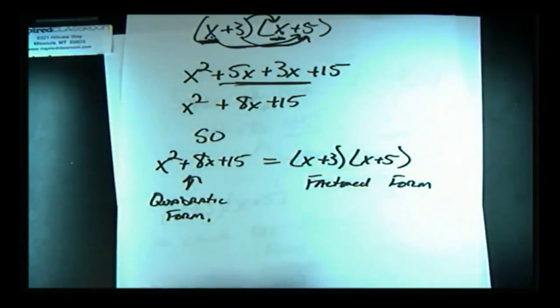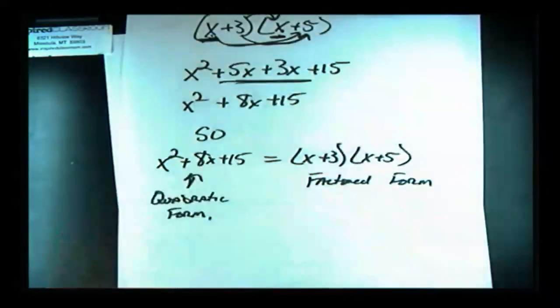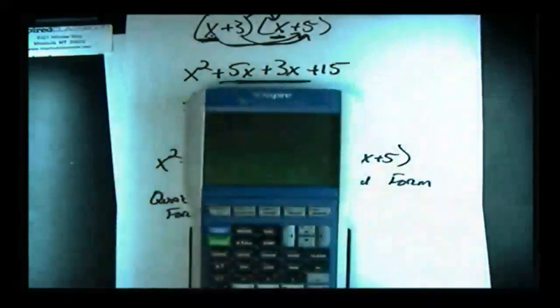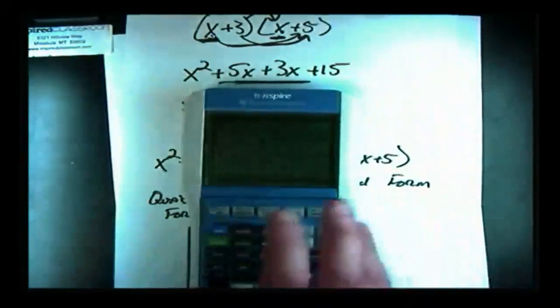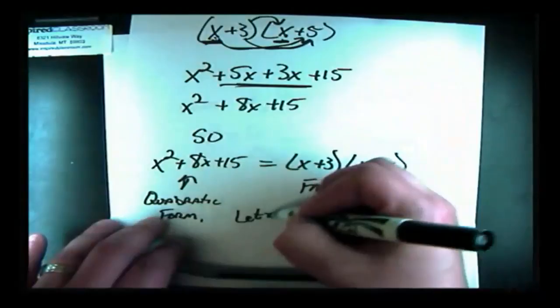So if you plug in 4, you got 4 plus 3 times 4 plus 5. That should equal 4 squared plus 8 times 4 plus 15. It will every time. Do we need to see it? Our calculator will not factor for us, unfortunately. So that's a bummer. But let x equal 4.